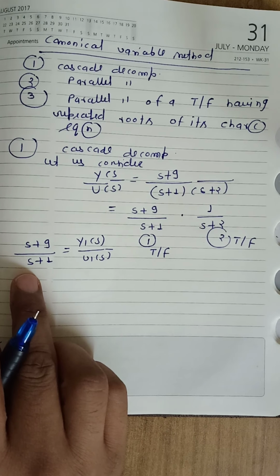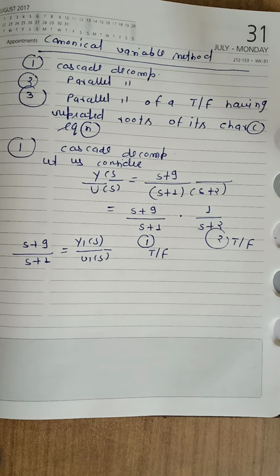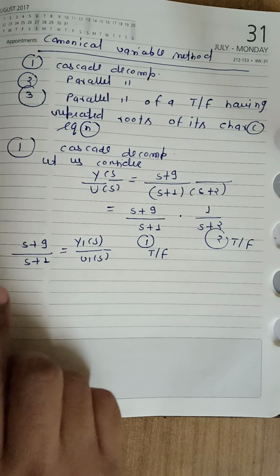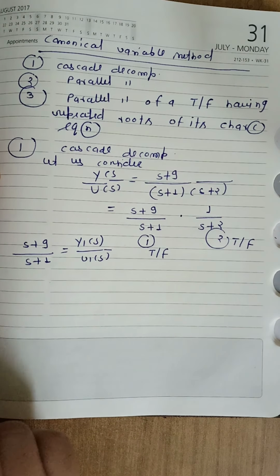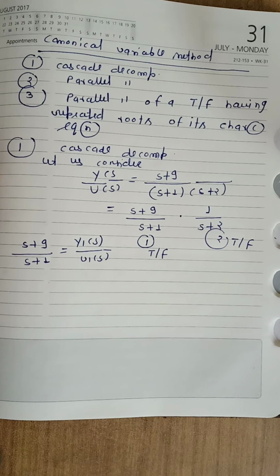First we have to write a given transfer function according to Mason's gain formula, or denominator polynomial of the transfer function must be in the form of 1 minus sum of all individual loop gains plus sum of product of loop gains in a non-touching case.